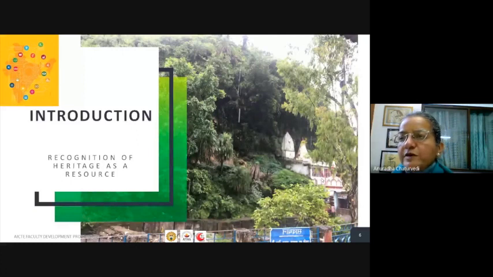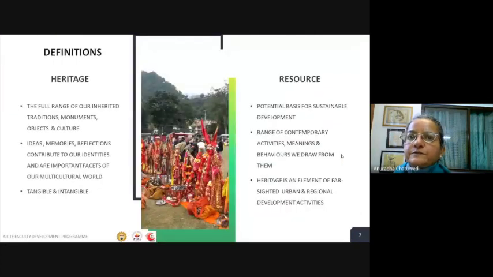So you would already be familiar with these concepts, but we are just going to go over these again in the context of understanding how these heritage resources are to be used for achievement of the sustainable development goals.